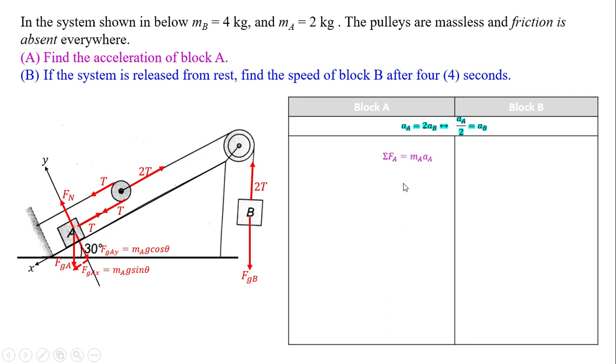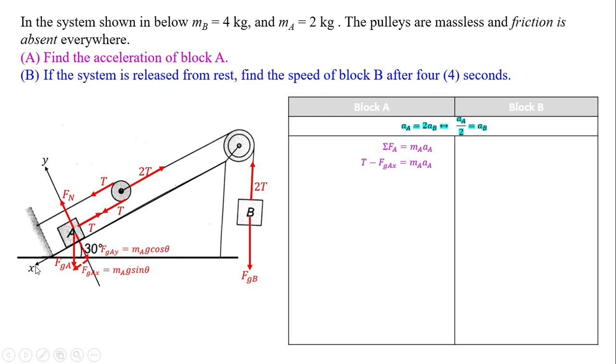Okay. So here I'm just going to set up Newton's second law for block A. Net force equals ma. And then, if you were to look at block A, which is on the incline, what's causing it to go up? This T, where my cursor is going back and forth. Well, there is an F of gx opposing it.